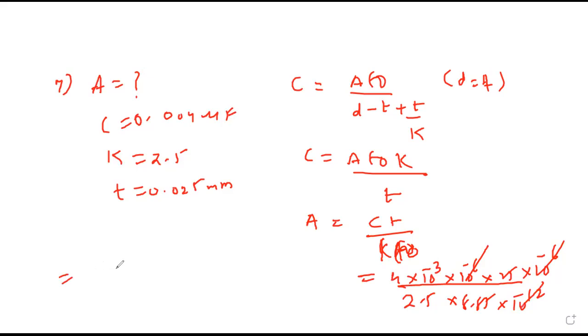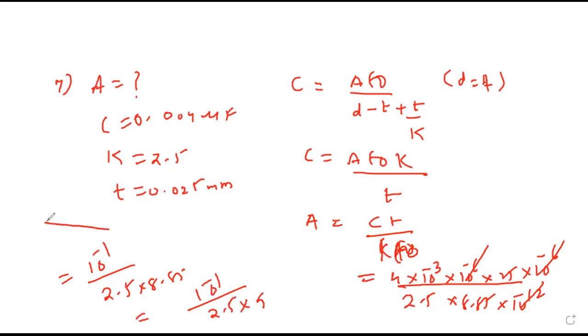So 4 into 2500 into 10 raised to minus 3 is minus 1, over 2.5 into 8.85. That will become 10 raised to minus 1. Approximately you can take 9. Just copy till this.